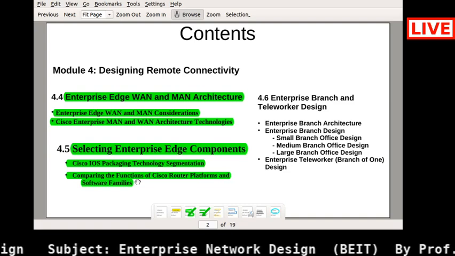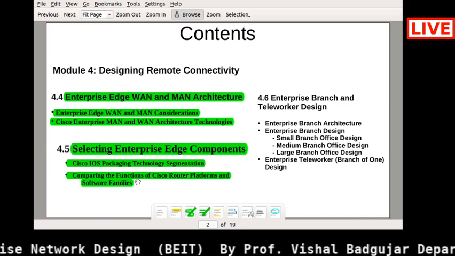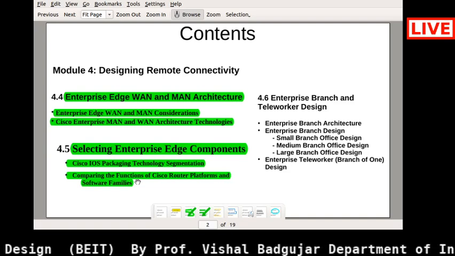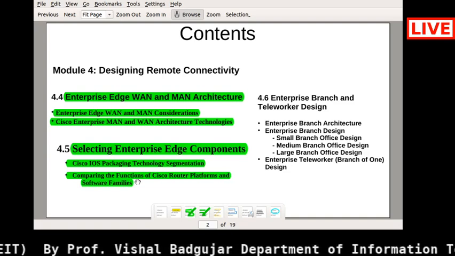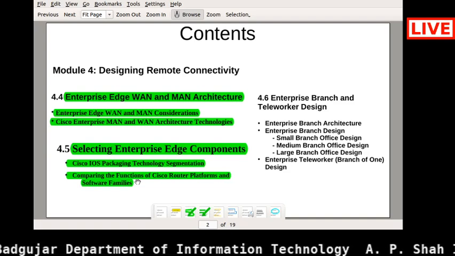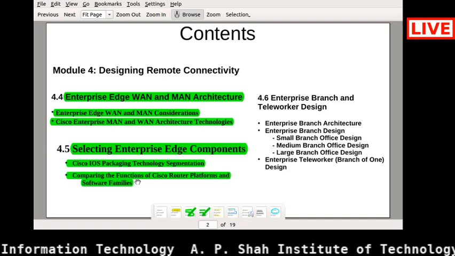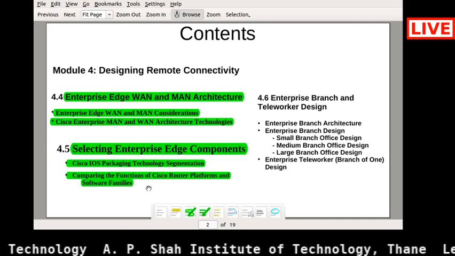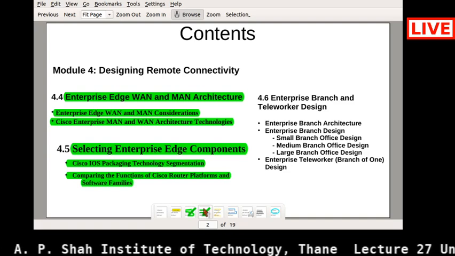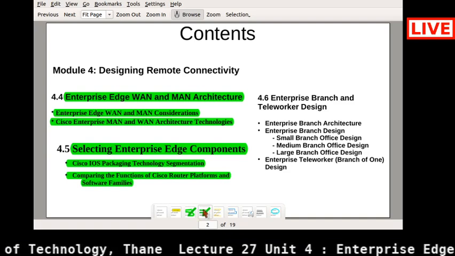We will see their series, platforms, hardware, and the different functionalities of each router, using a comparative analysis of these Cisco router platforms. It will be helpful to select which one is good for your organization, so that is why this will be needed.